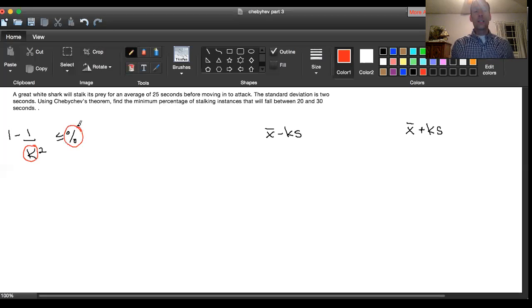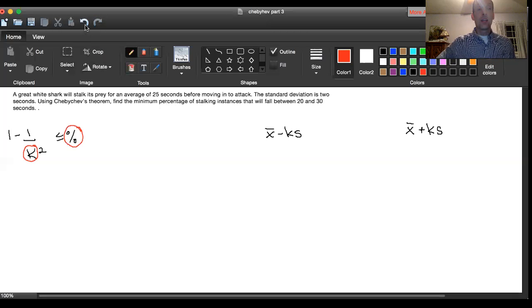We know that K, from the last videos, is equal to the total number of standard deviations that we go above the mean or below the mean to hit our 20 or our 30. Right now, we don't have that information, so we can't fill anything in for K. As for the minimum percentage, the exercise is asking us to figure that out, so we can't do anything with that either.